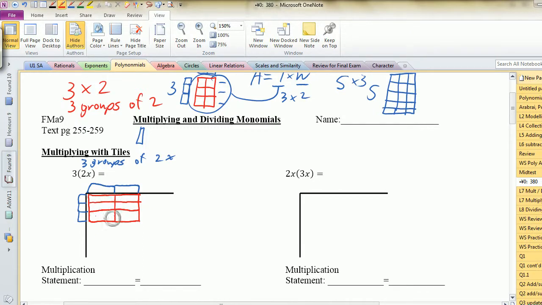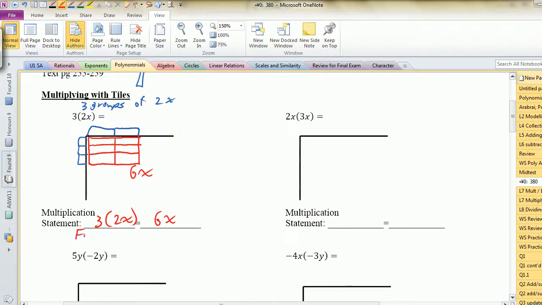What have we just created here? 6x. So the multiplication statement is 3 times 2x equals 6x. These are our factors, and this is the answer, the multiplication, which in math we call the product. Okay, so factors and product.